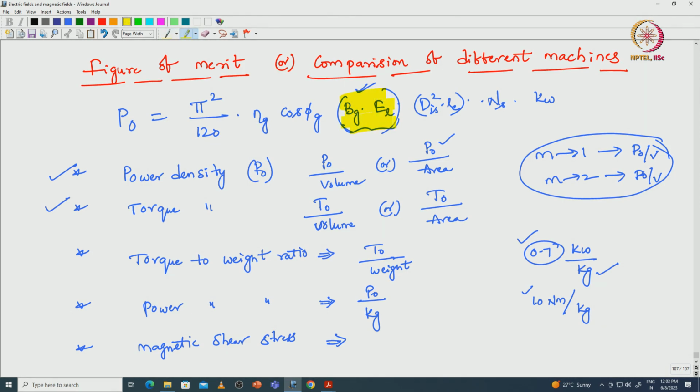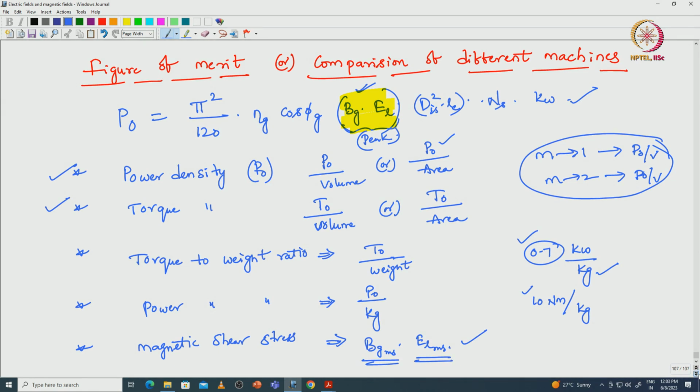The shear stress is nothing but the product of these two terms, magnetic loading and electric loading, in terms of RMS quantities. Bg RMS, EL RMS. Here these two quantities are peak values in the output equation we derived. In order to compare the magnetic shear stress for different machines, we have to take the RMS quantities.